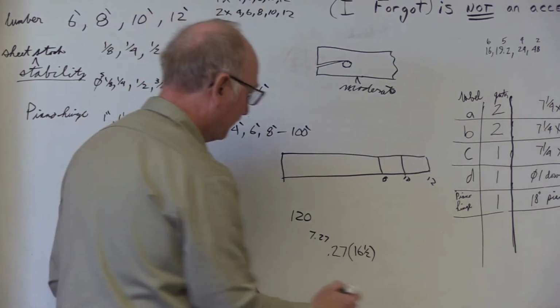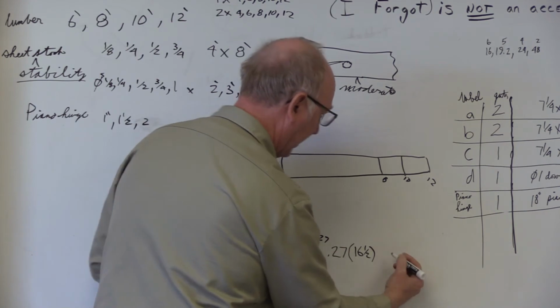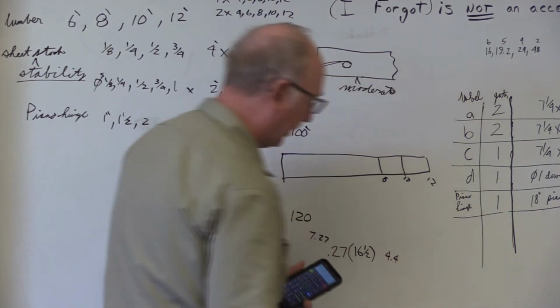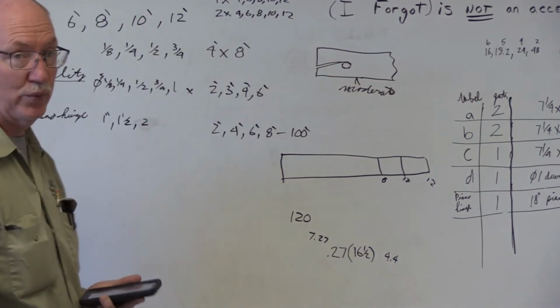So the drop on a 10-foot board is 4.4 inches. A 4-inch drop. That's really good.